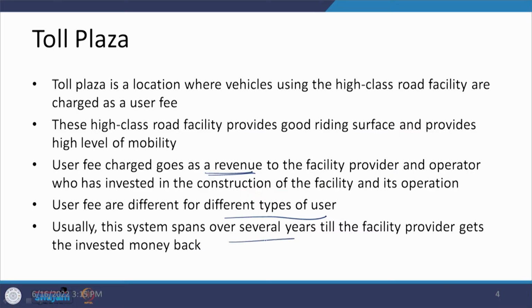The money being invested is not going to be recovered in one day. It all depends on the number of vehicles using this facility, and this keeps increasing every year, and that is where in a certain number of years this is going to be collected. So, this type of arrangement is going to be there for the next 15, 20, 25 years or so.